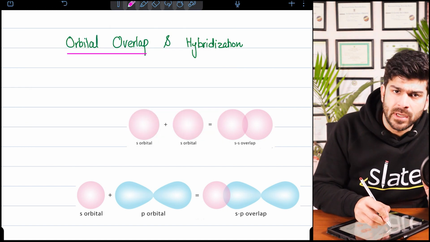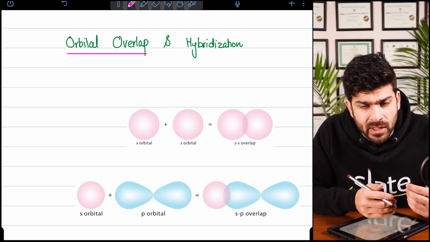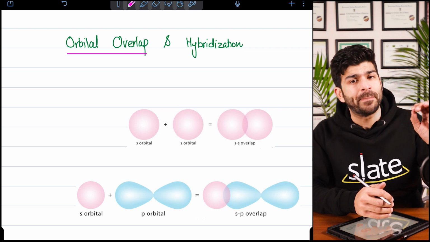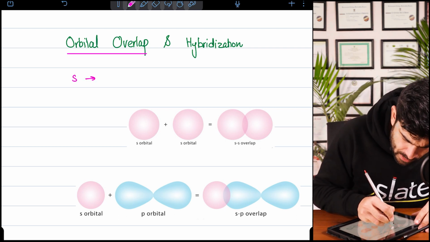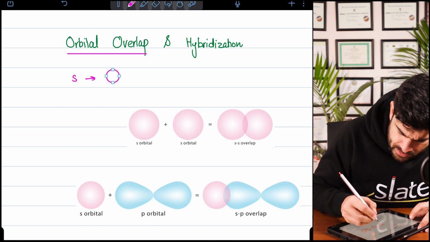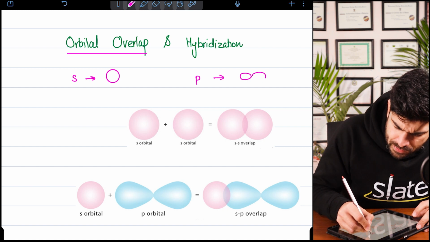the orbital overlap. We discussed in the first video, the video of the first chapter, how the s and the p orbitals have shapes. The s orbital has a spherical shape. The p orbital has a dumbbell shape.